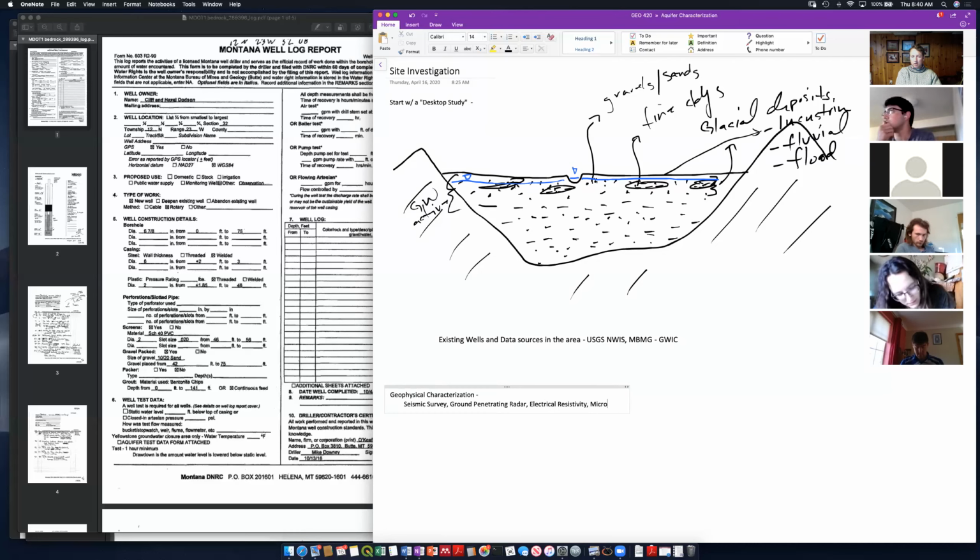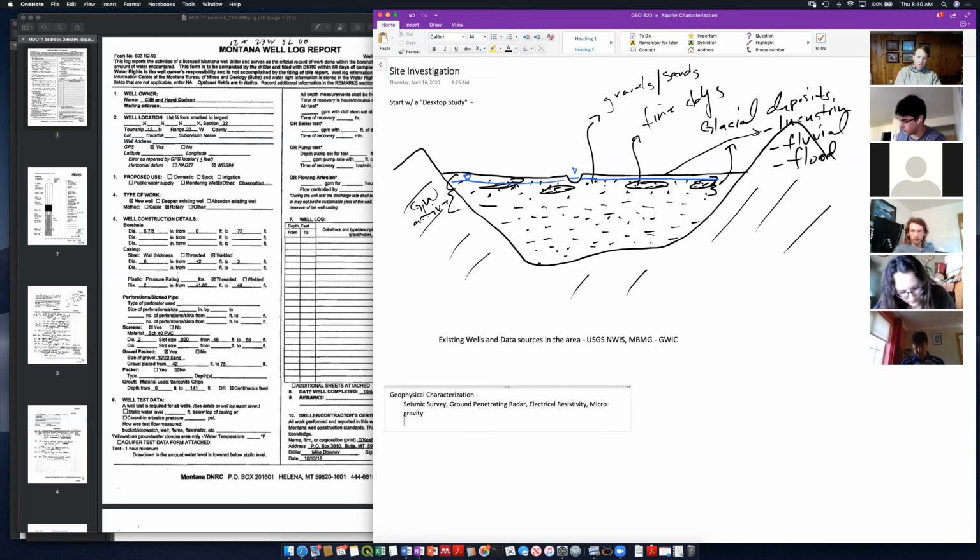All right, these are all techniques where you need to take a whole course to understand them, but they are what we call non-invasive. So we basically just lay some instrumentation out at the surface and we're able to get some characterization of the subsurface.